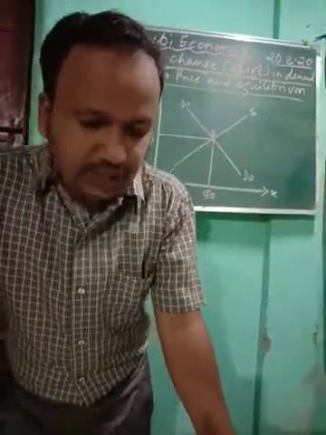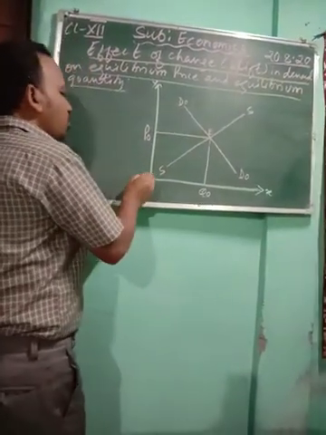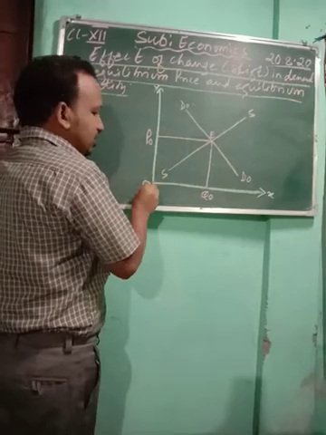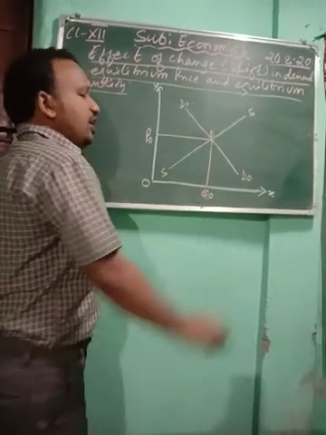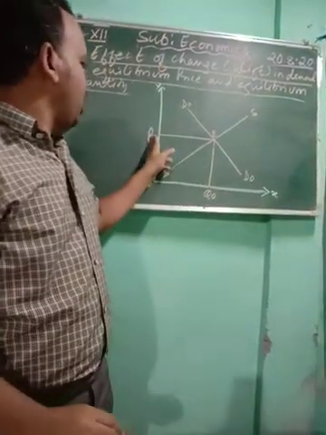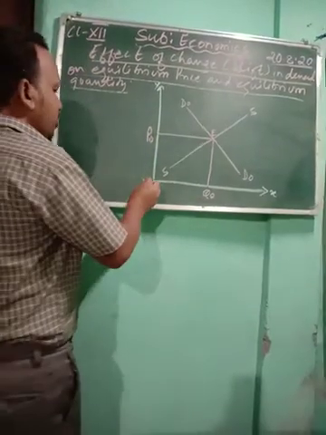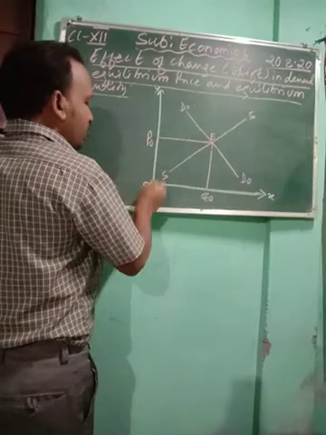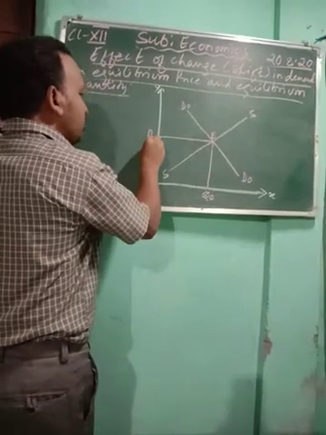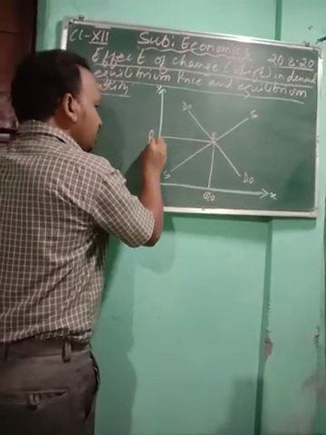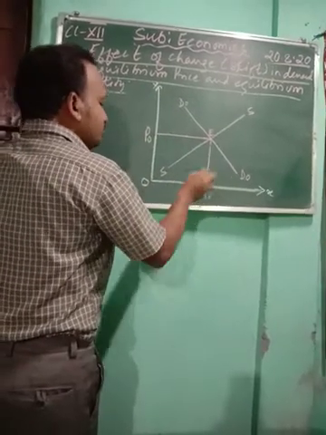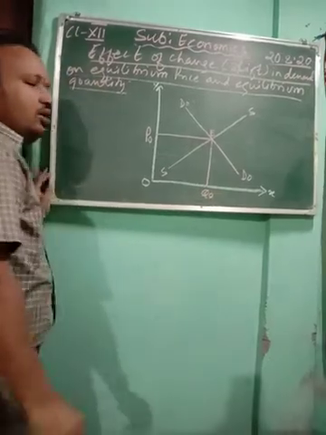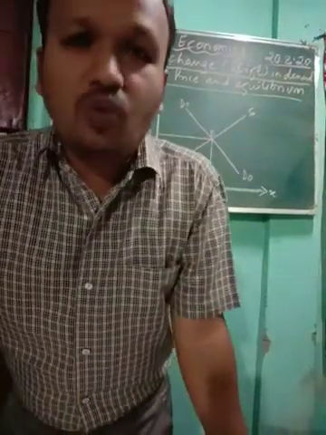This is OP0, the initial price, and this is OQ0, the initial quantity. Q stands for quantity, P stands for price. So OP0 is your initial equilibrium price, and OQ0 is your initial equilibrium quantity.